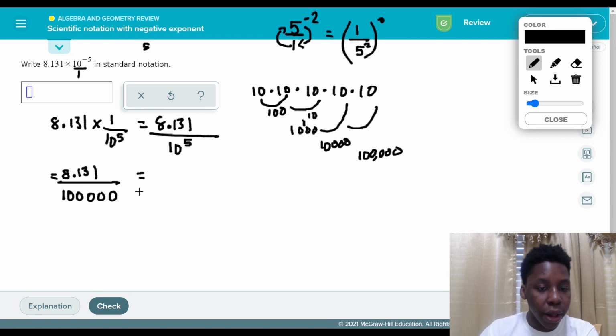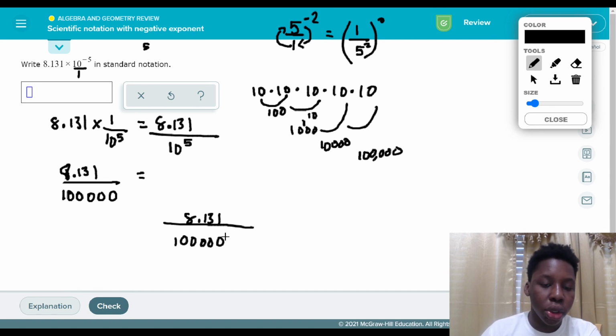So basically, for every time I cancel a zero, I'm going to move the decimal once. Let me put it in a bigger space. 8.131 divided by 100,000. When I cancel this first zero, the dot comes over here, so now it's 0.8131.